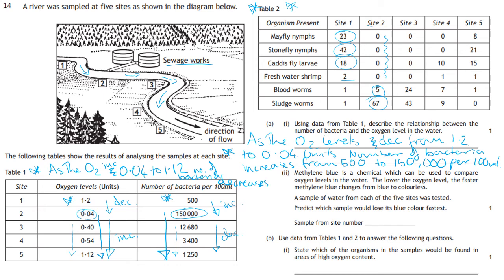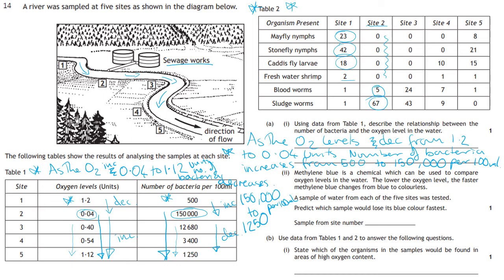Now, what are they decreasing from? That 150,000 to 1,250. And again there, what I'll do is I'll just squeeze in my units. So that's per 100 mils. And up here, this is units. Okay, as long as I do the units once, I don't have to do them in both sentences. So as long as I do them in the first sentence, I don't have to re-put the units in the second sentence.